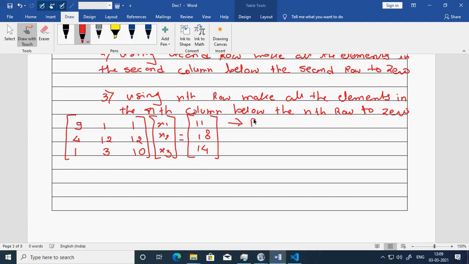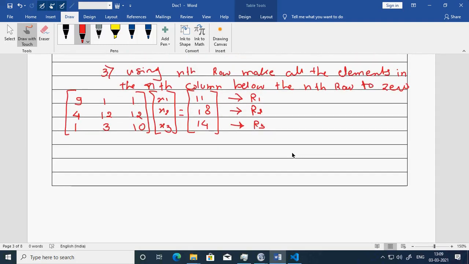I call this the R1 row, this the R2 row, and this the R3 row. So how do I do it? 4, 0 first. Let's talk about 4, 0. I'm going to write here because I need this space.